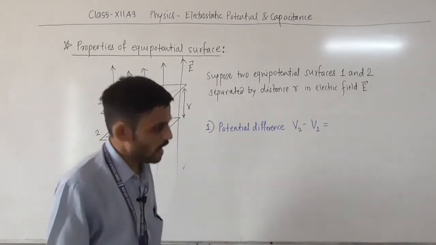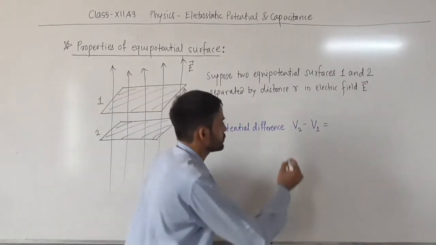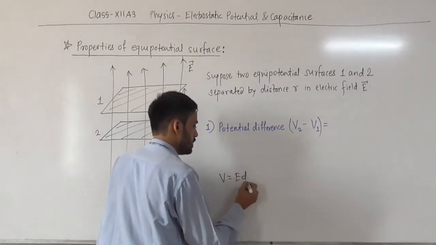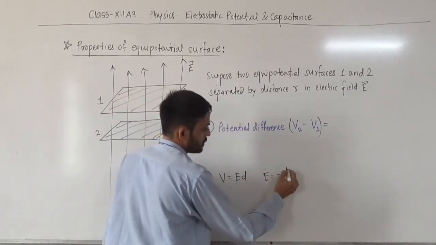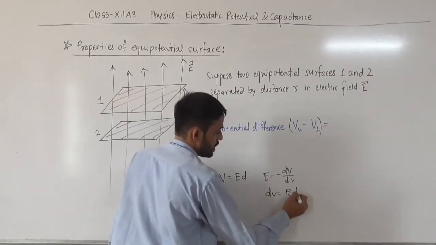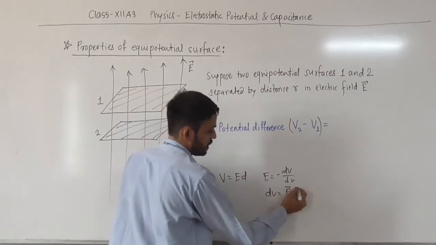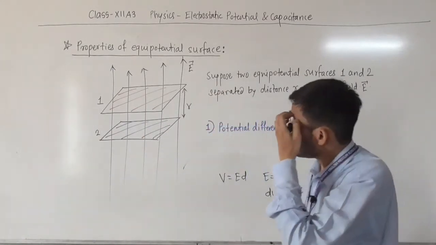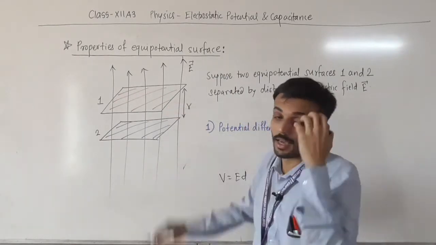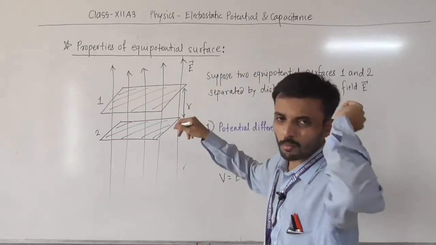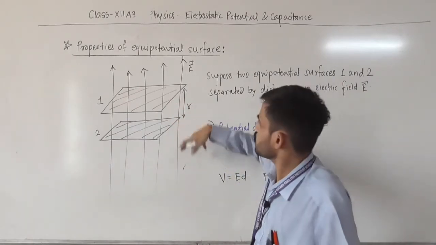I have given you the idea that V is equal to E d. E is equal to minus dV by dr, and dV will be E dot dr, है ना? E dot dr. So here, as I am going from here to here, the dot product means there will not be any cos component, because cos 0 will be 1, 0 angle is there.